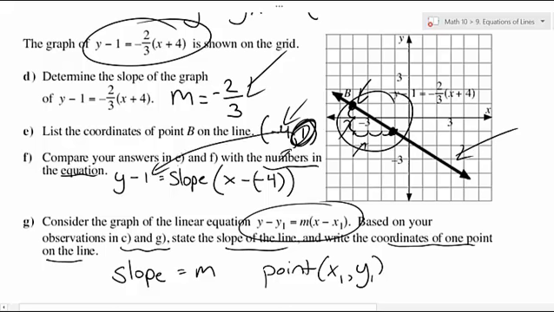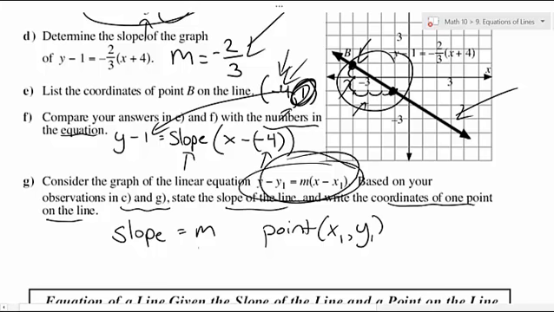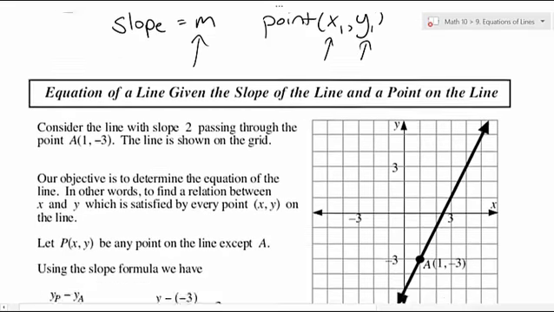And then we have the slope there, which is -2/3. And then we have the x minus what is here, the negative 4. Therefore, it's x + 4. And that's why we see a plus there. So when we consider this, our slope is going to be m, and our point will be (x1, y1).